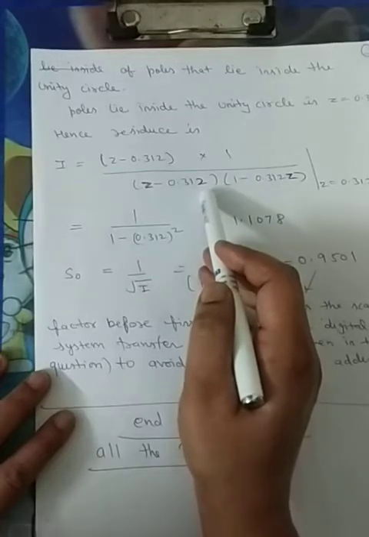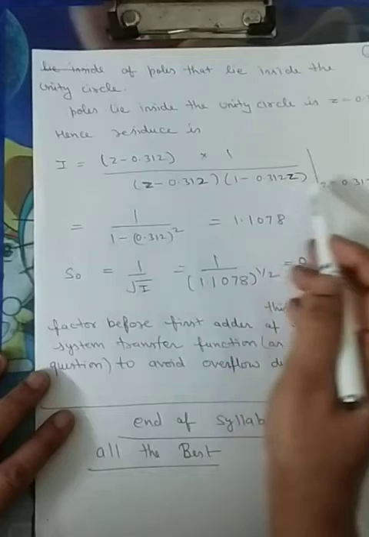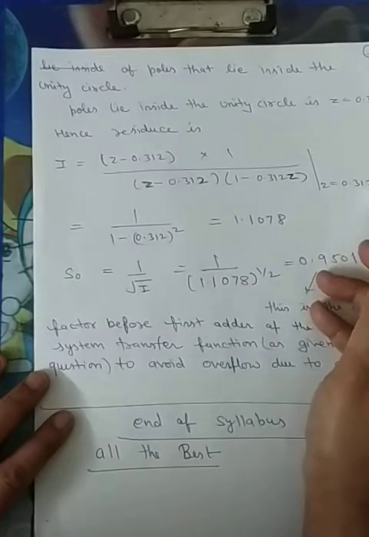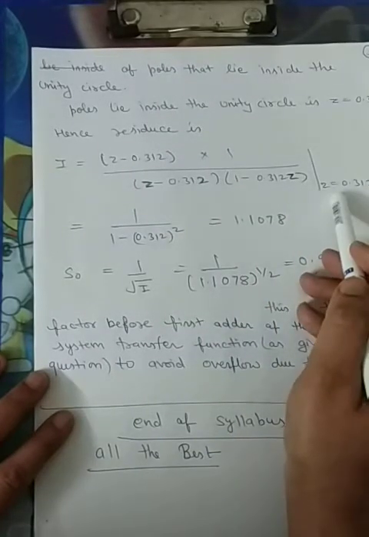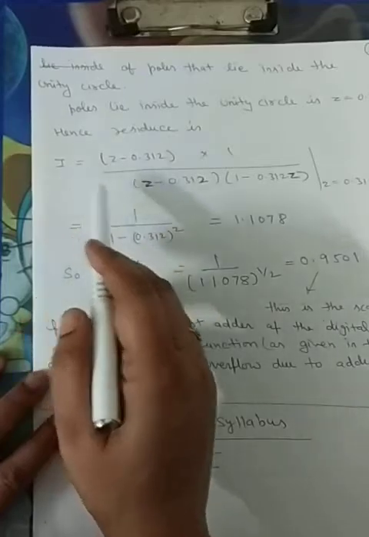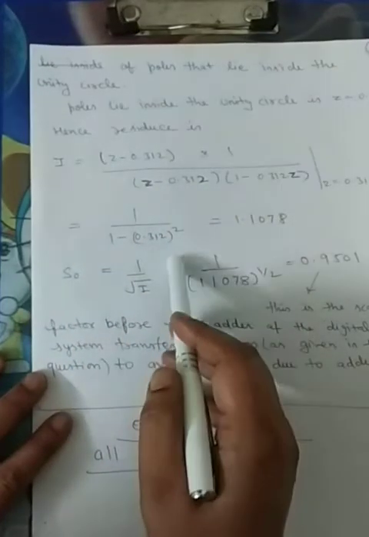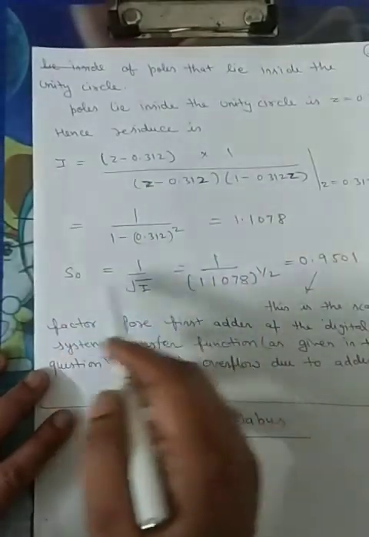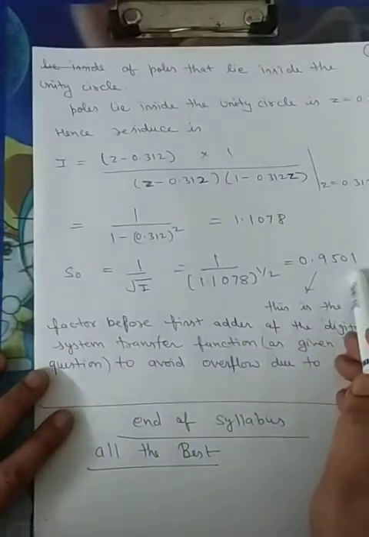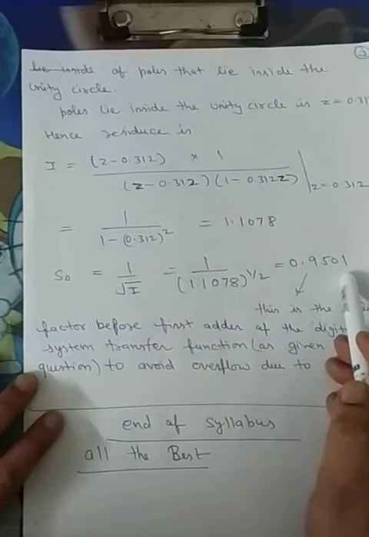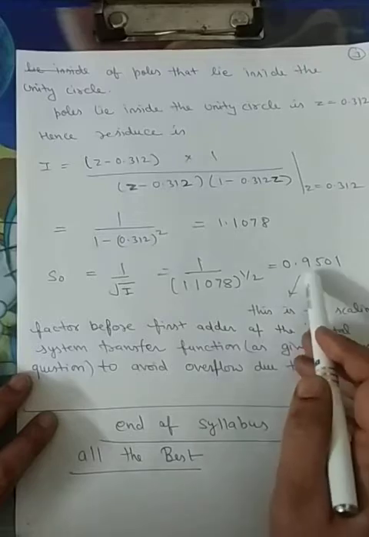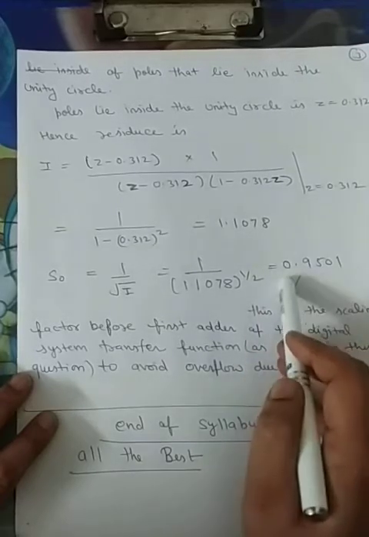There is only one pole that lies inside the unit circle, that is z equal to 0.312. We calculate the value of I at this particular pole, and from that you can find the value of S0, that is 0.9501. So this is the scaling factor.